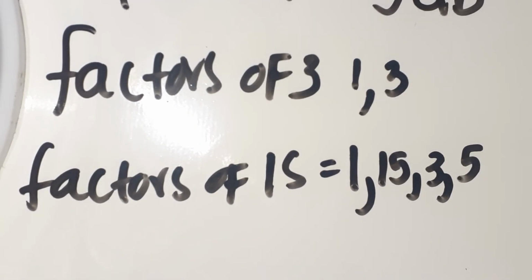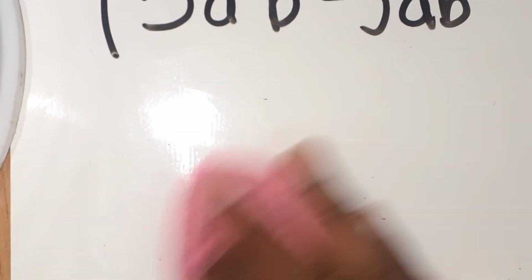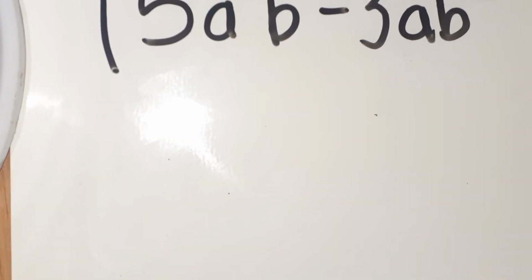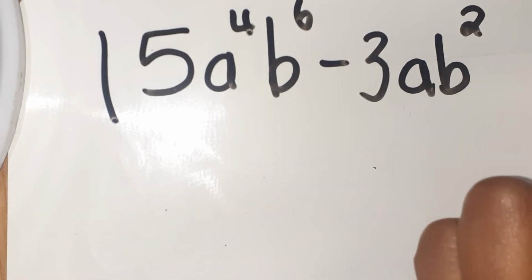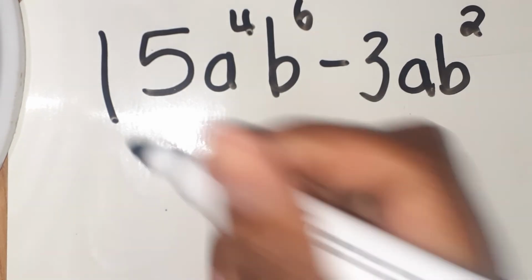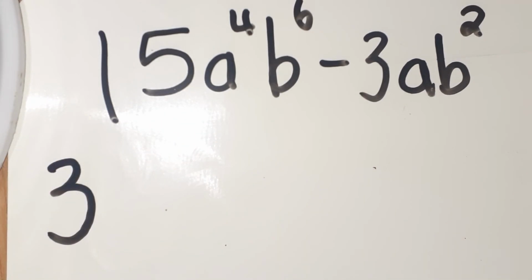So what you can do is look for the highest common one. Now we have 3 here and we have 3 here. So the highest common factor will be 3. Now we can erase all of this so that we can continue. Now we have seen that we can take 3 out of this sum. 3 can go outside.